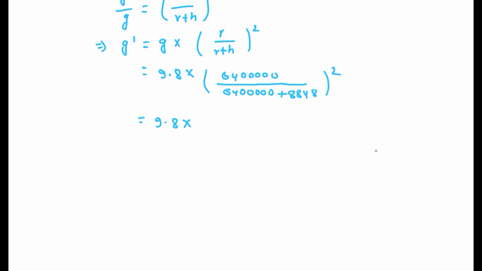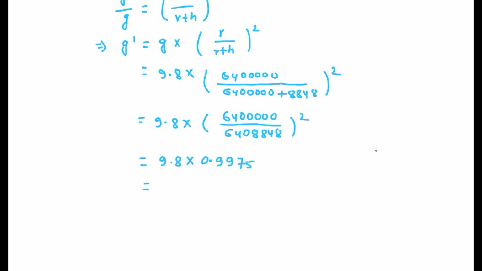So 9.8 into 6400000. First of all, add this term and we will get 6408848, whole square. 9.8 into, yes, divide this term first, then square, then we will get 0.9975.